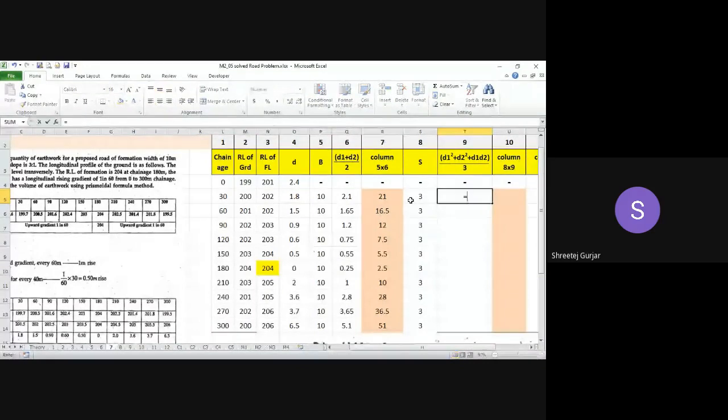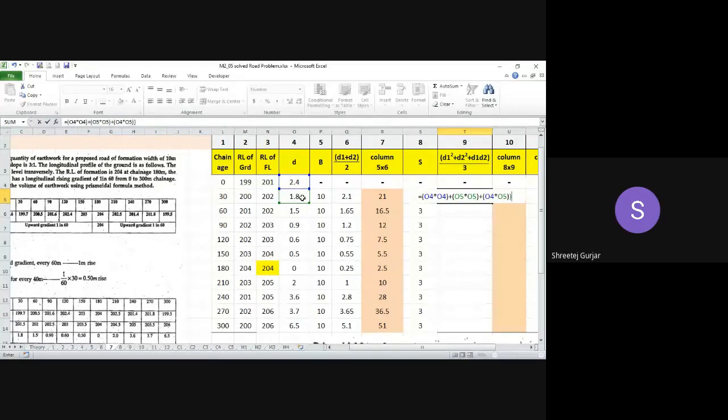So now what is D1 squared? This is D1, D1 squared, plus D2 squared, plus D1 into D2.